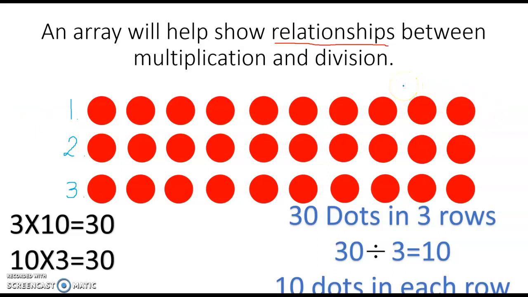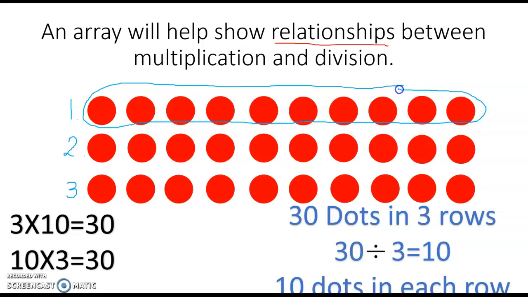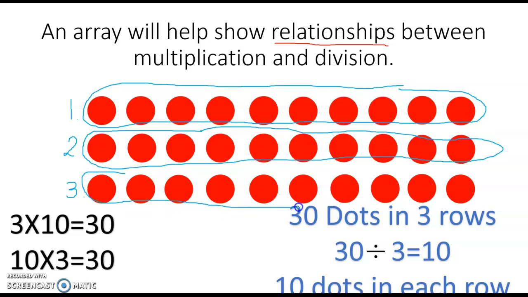We have 10. So 30 divided into 3 equal groups is 10. Here's our 3 equal groups. So we've used the same numbers to multiply and divide.